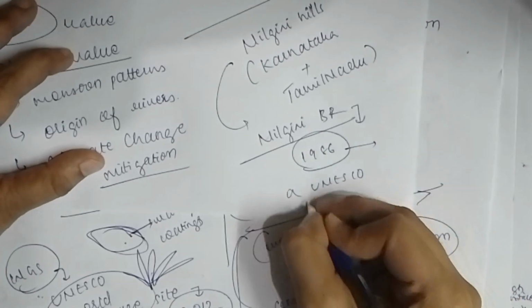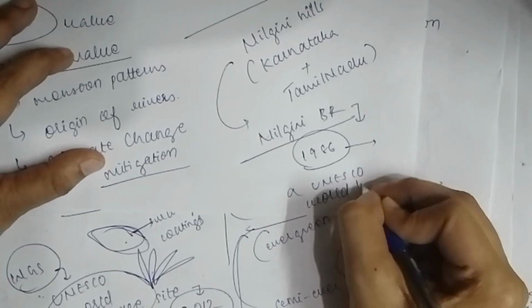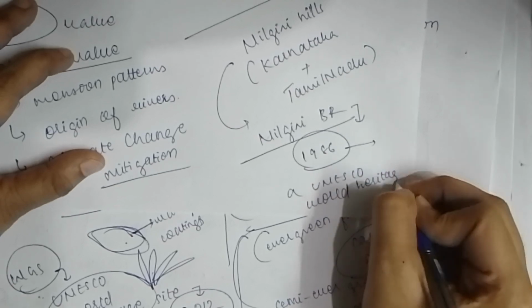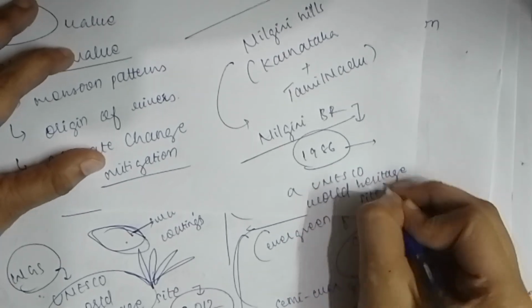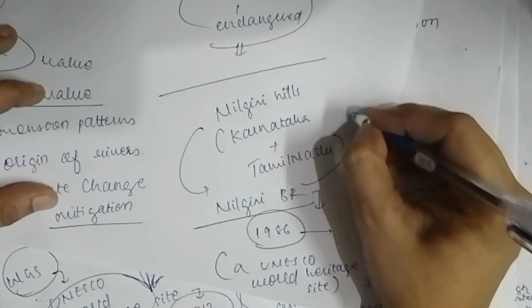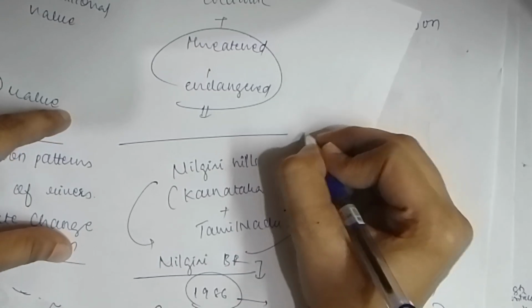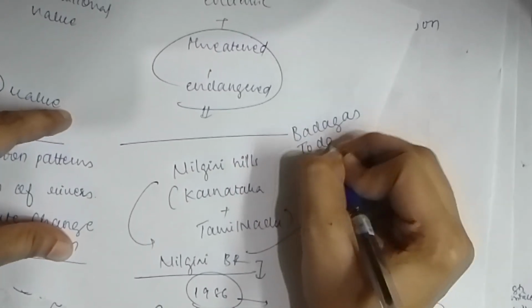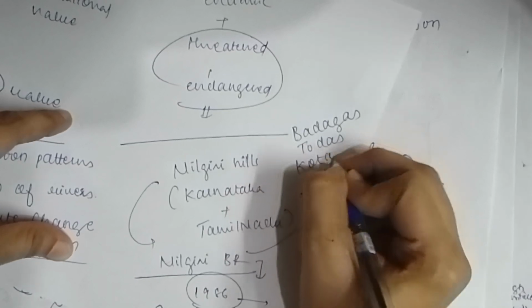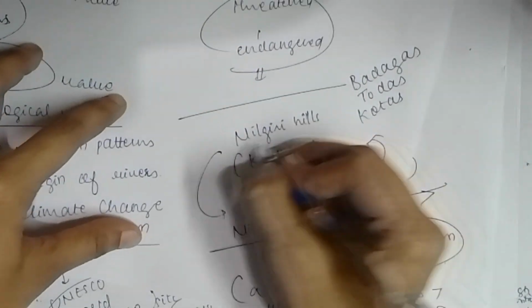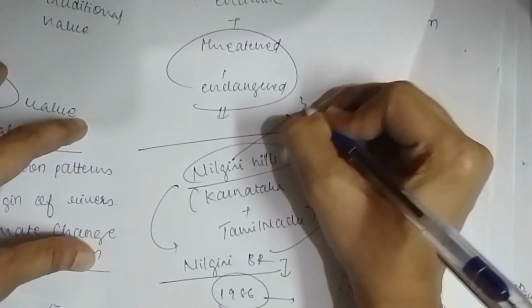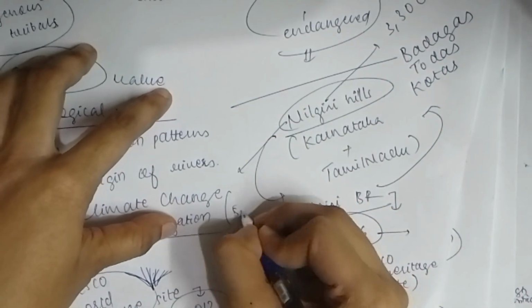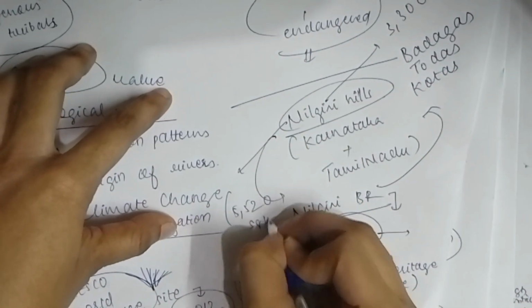It is a UNESCO World Heritage Site. And it is also home to certain communities such as the Badagas, the Todas, the Kotas. Okay, it is home to almost 3,300 plus flowering plant species, and covers an area of around 5,520 square kilometers.